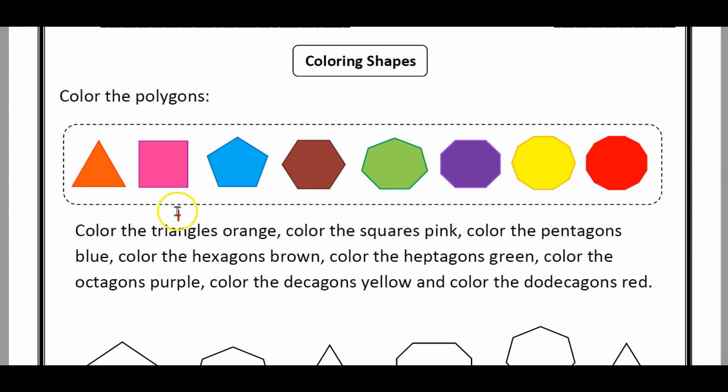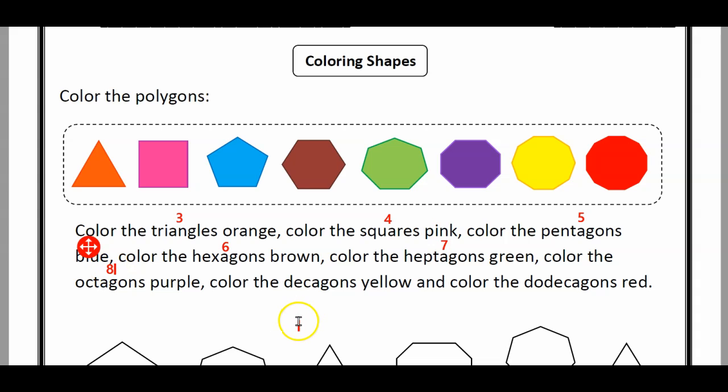Do this for me. Above the triangle, put 3, because it has 3 sides. Above the square, put 4. Above the pentagon, put 5. Above the hexagon, put 6. Above the heptagon, what do you think I'm going to put? 7. Above the octagon, 8.